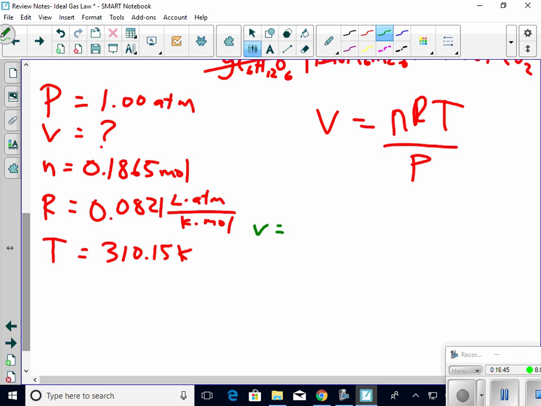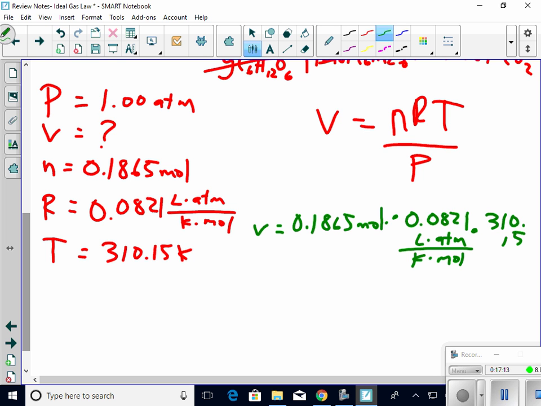So volume is equal to my moles, 0.1865 mole, times my constant, times my temperature, all divided by my pressure, which is 1.